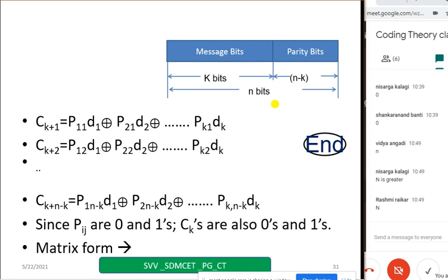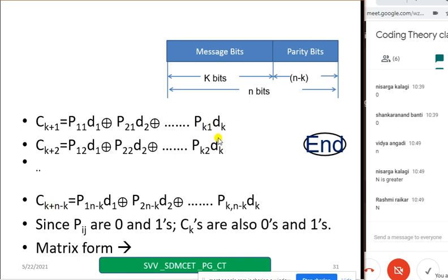While typing Cn, the total will become n minus k, and the total number of bits should be n. So k minus k will get cancelled, Cn, yes, total bits should become n bits.